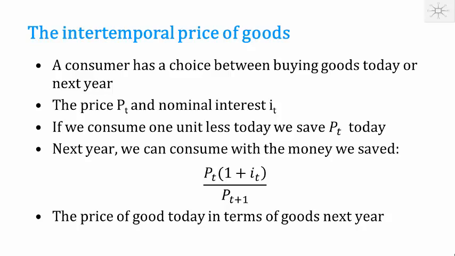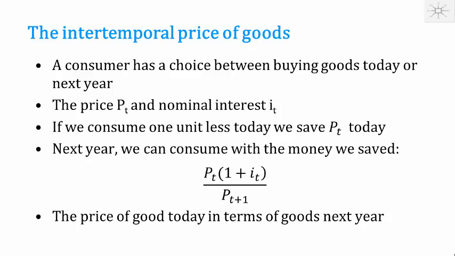If we consume 1 unit less today, we save P_t today. So how much can we consume next year with the money that we saved? Well, you save P_t, you put it in the bank, you get interest on it. So then next year you have P_t times 1 plus the interest rate.